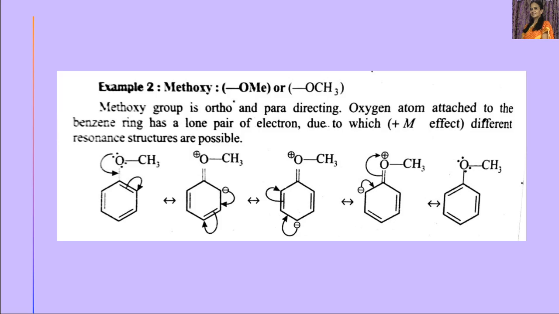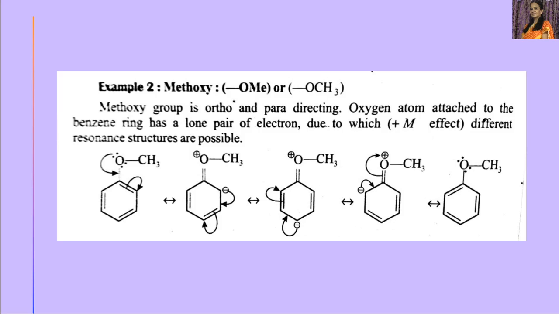The lone pair of electrons present on the oxygen atom is shifted towards the O and C bond. Then a double bond is formed between this ring carbon and oxygen. Oxygen bears the positive charge, and this pair of electrons shifts towards this ortho carbon, which gets a negative charge.